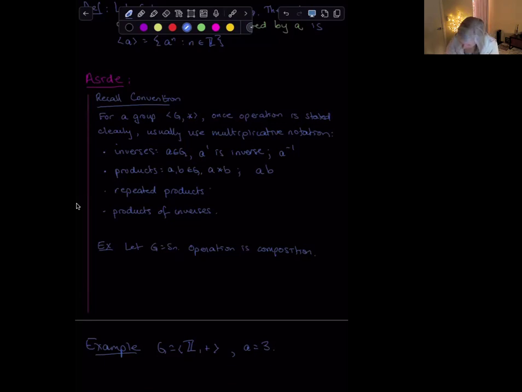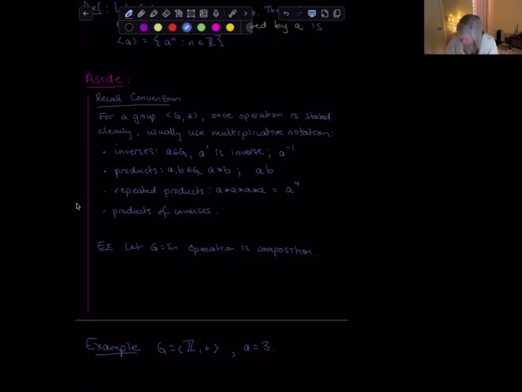For repeated products, let's suppose I wanted A star A star A star A. Well, that's A operated on by itself 4 times. So we can just use the multiplicative notation, which would be A to the 4th power. A to the 4th power is defined to mean take A and operate it by itself 4 times.